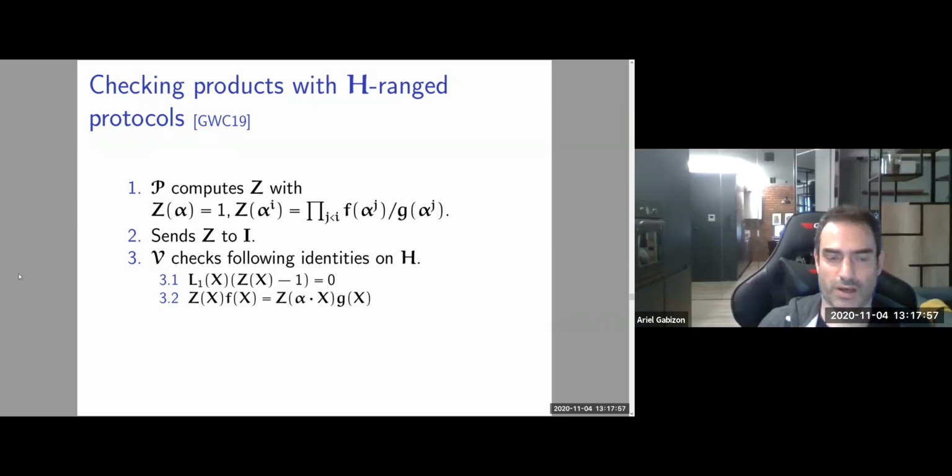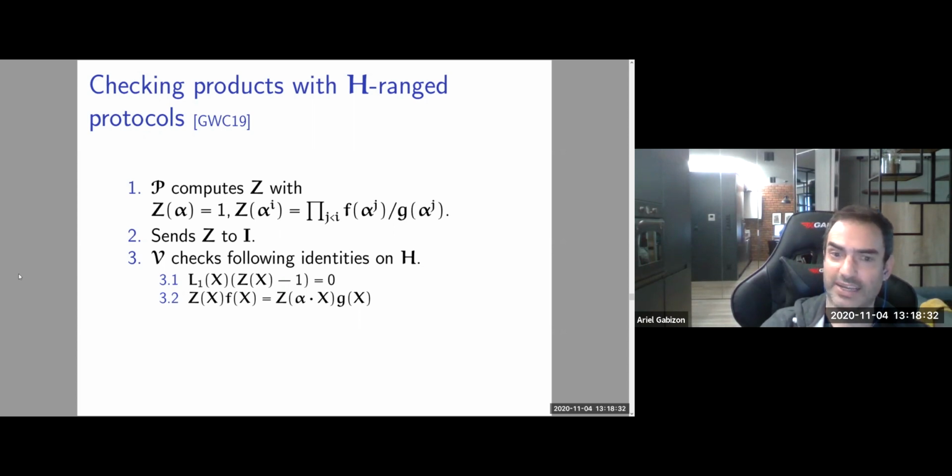So now V needs to check two things on this z. First of all, that it starts at 1. Right, we're in this abstract model where we need to do checks on all of h. But if we want to check just something at a point, we can do that by multiplying by a Lagrange polynomial.